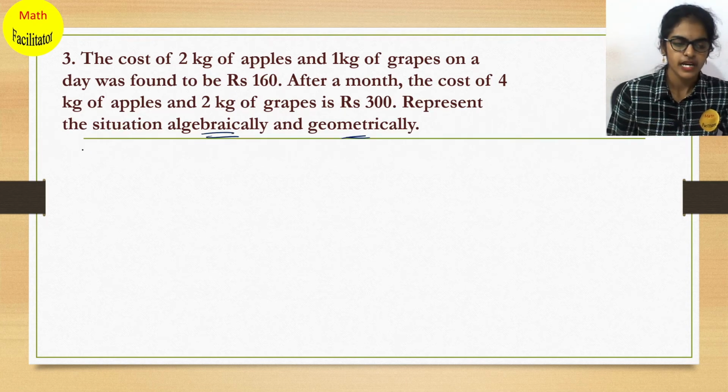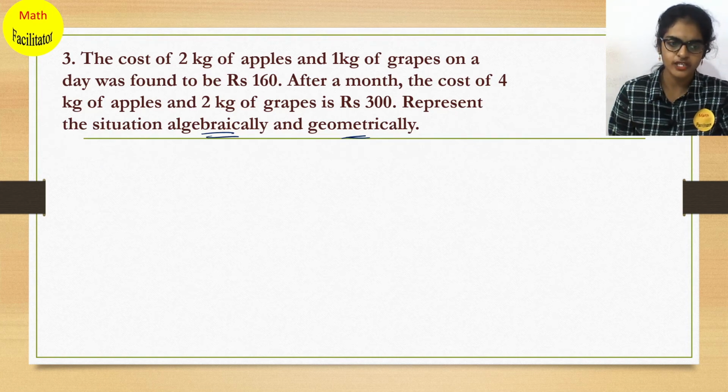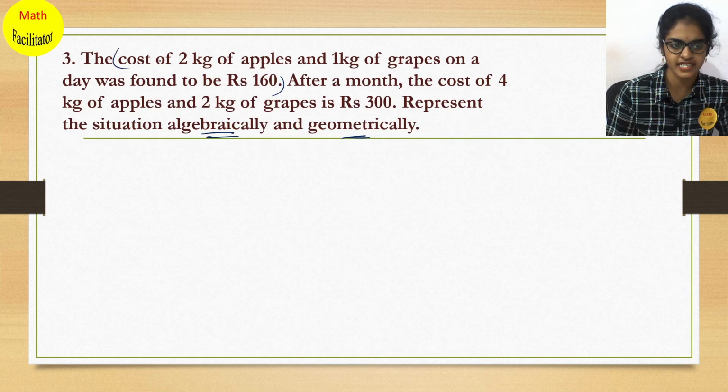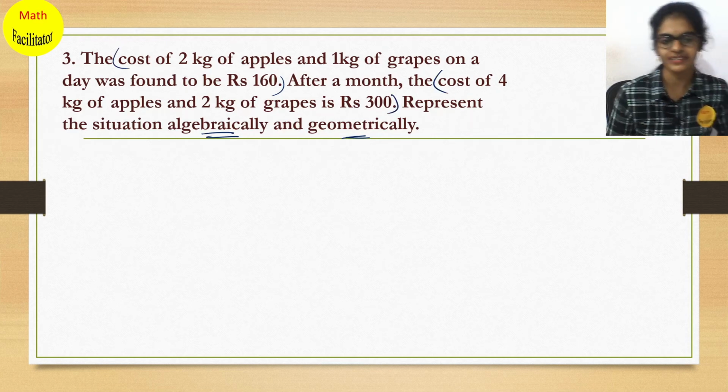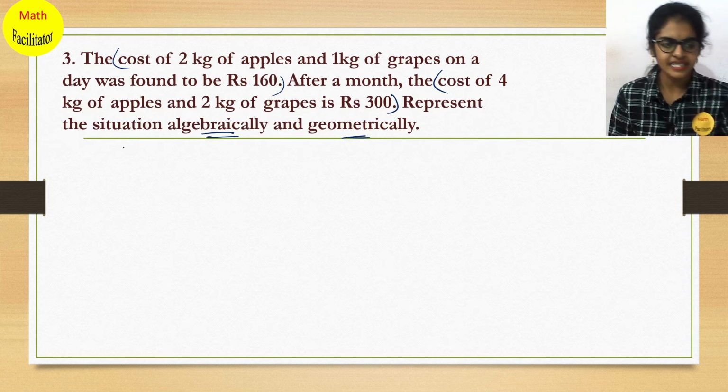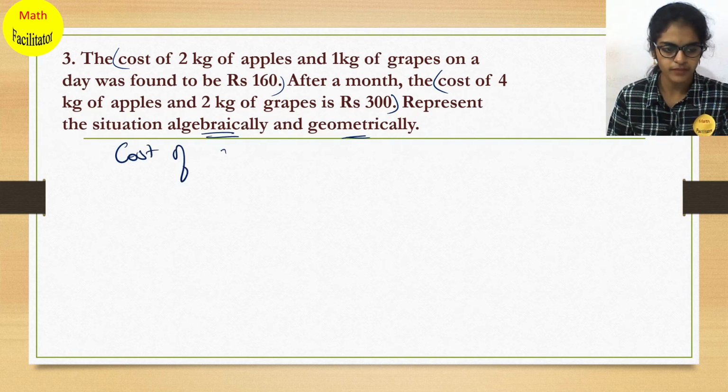That's it. Now the next question: the cost of 2 kg of apples and 1 kg of grapes on a day was found to be 160. This is the first condition. After a month, the cost of 4 kg of apples and 2 kg of grapes is 300. So we are basically discussing the cost of apples and the cost of grapes.